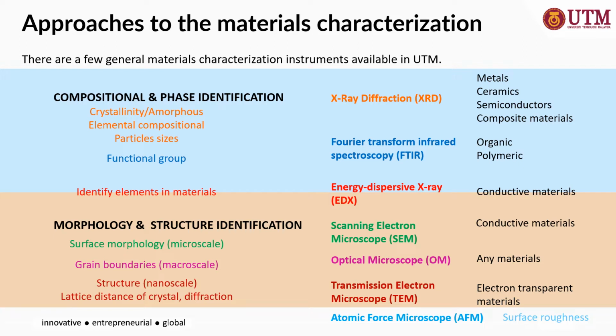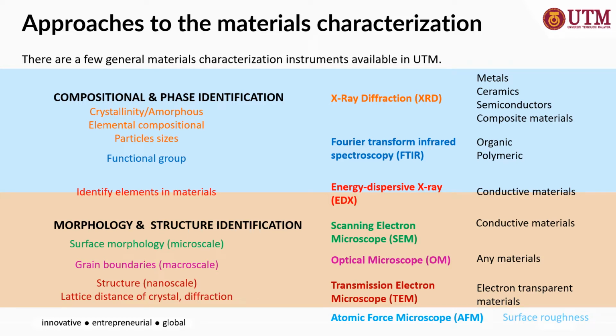For compositional and phase identification, we have XRD, FTIR, and EDX. For the morphology and structure identification, we have SEM, OM, which is optical microscope, TEM, for transmission electron microscope. Another one we have also AFM. AFM is more likely to study the roughness of the sample.